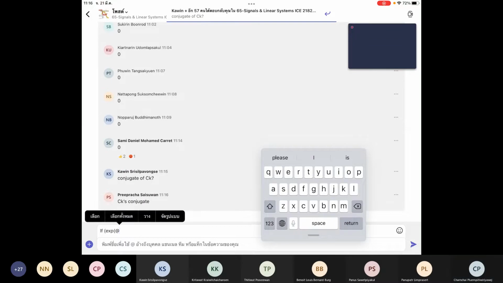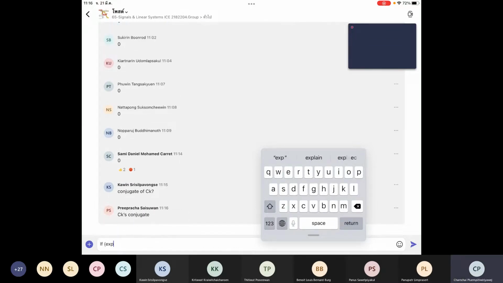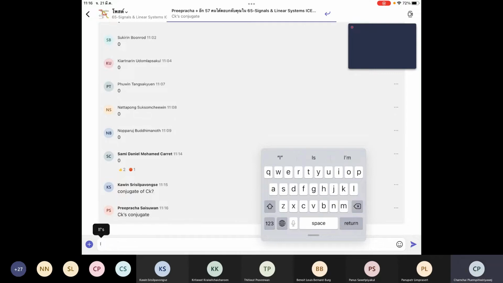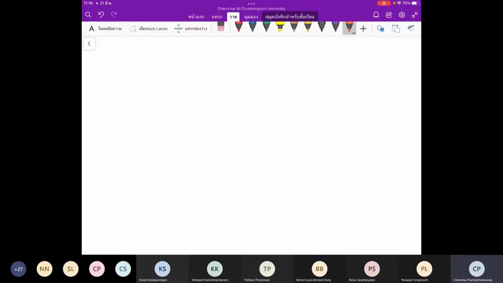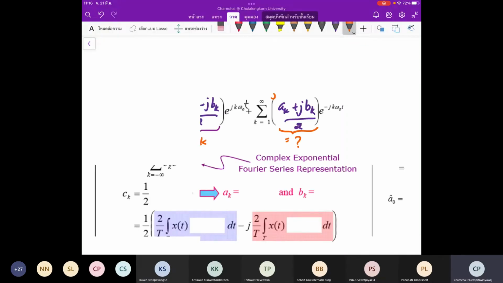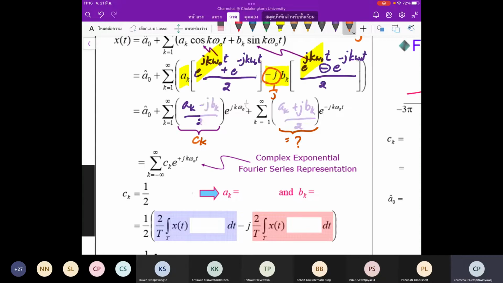Yes, that's what I'm looking for. Good job. If this term is called CK, since it just changes j to negative j, it's just CK conjugate.